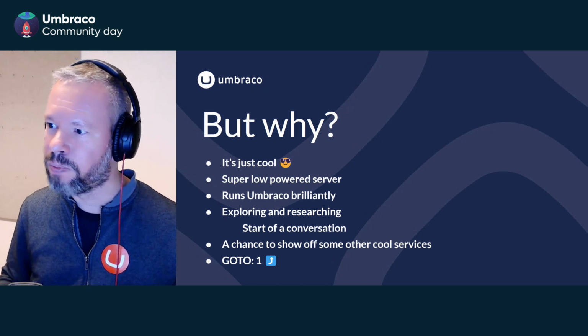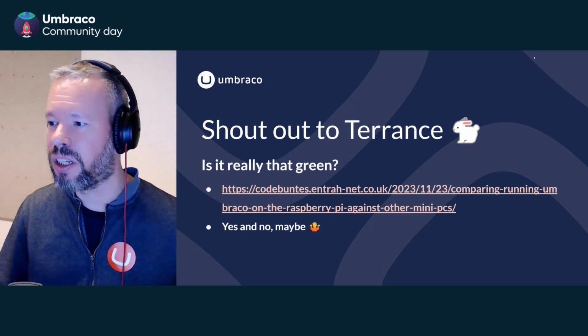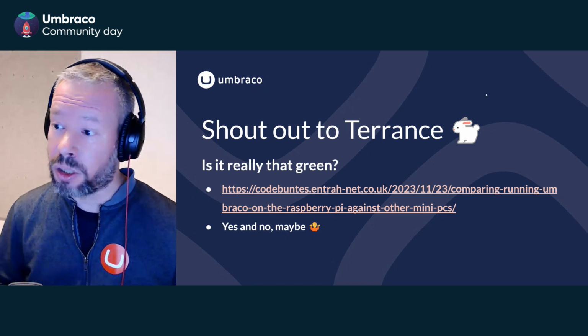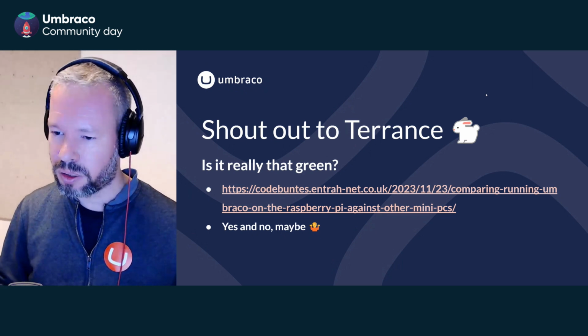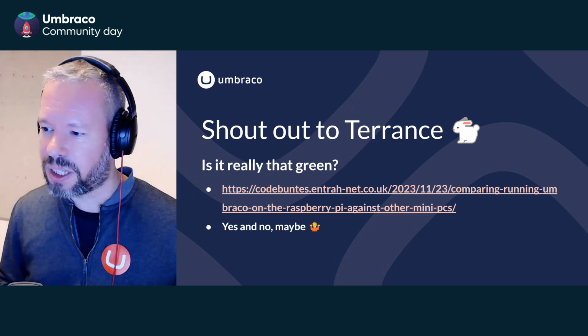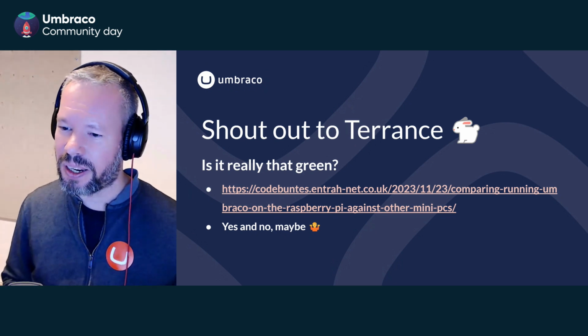It's just cool. I have to give a shout out to Terence Burrich, who recently did a blog post and a talk about how green it really is to run your Umbraco site on a Raspberry Pi. The answer is yes and no. It is pretty green, but maybe not.